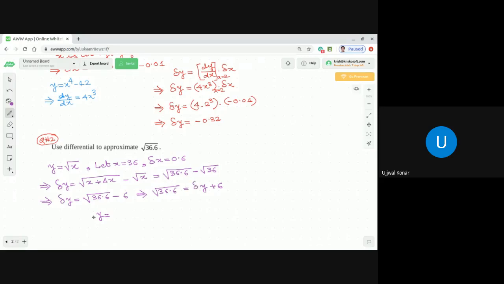So this implies, now what we know about delta y? Delta y is nothing but dy/dx into delta x. Delta x we already know, that is 0.6. And what is dy/dx? If y is equal to square root of x, dear students, then what is dy/dx?